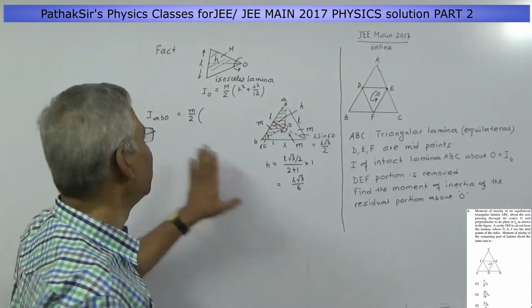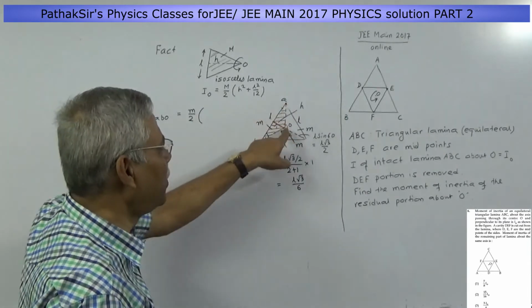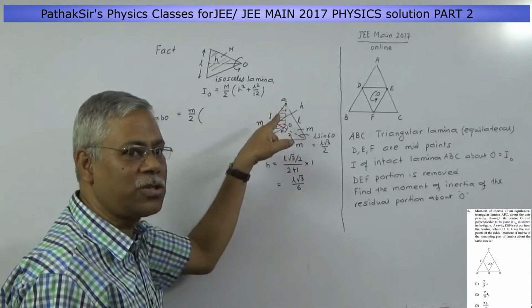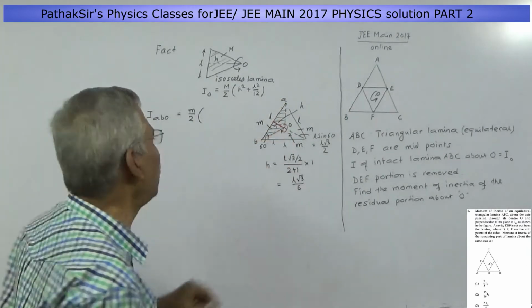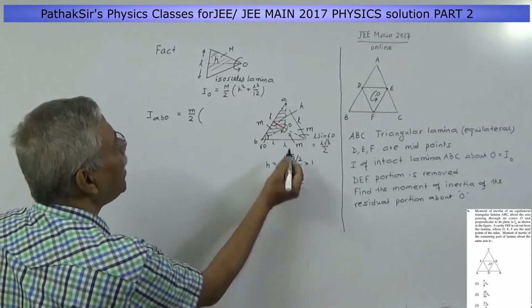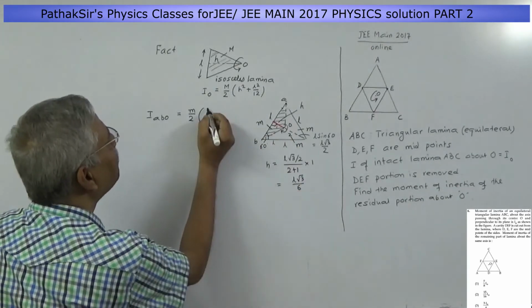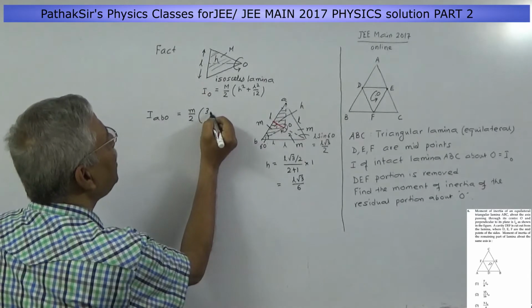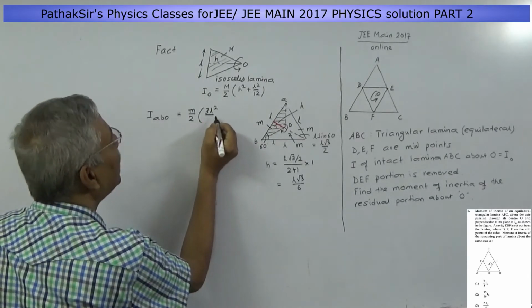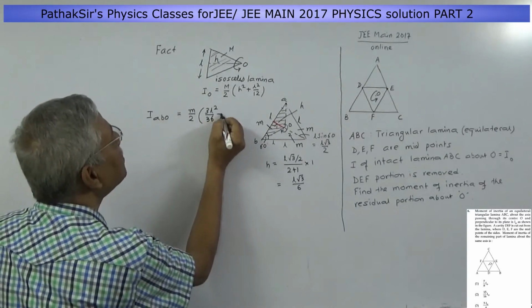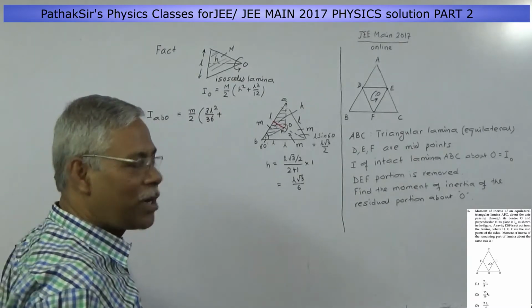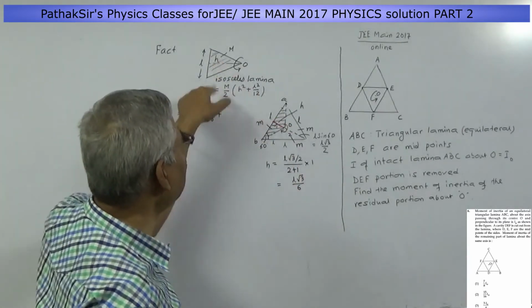This is h. So now the moment of inertia of this isosceles triangular lamina about the axis O is m by 2 into h square. h is this much, h square means 3 L square by 36, plus L square by 12. L is the length of one side.